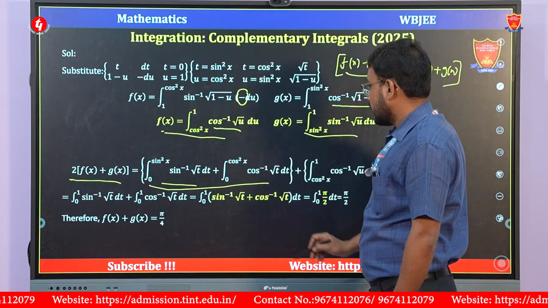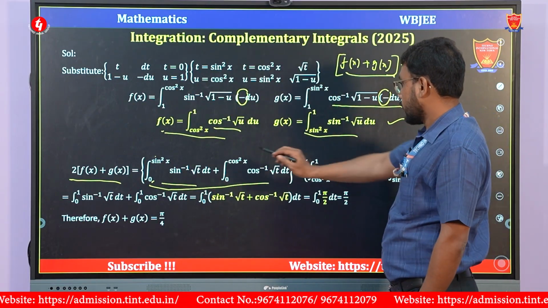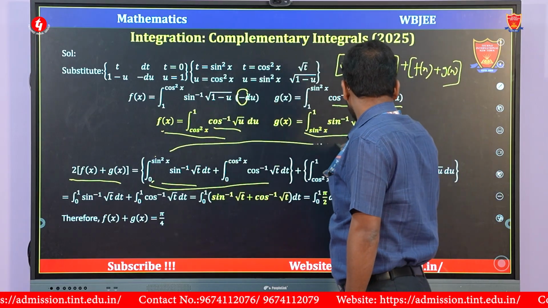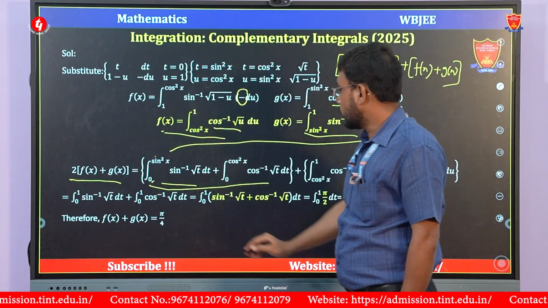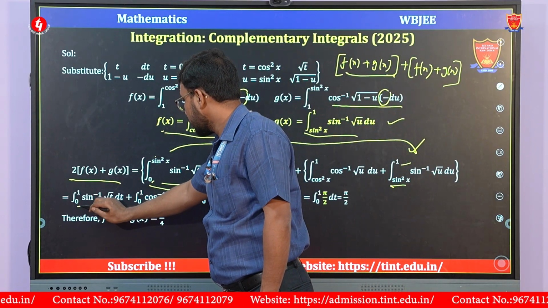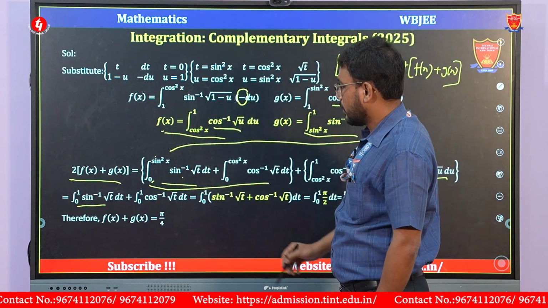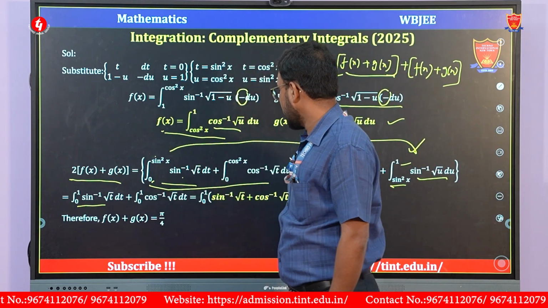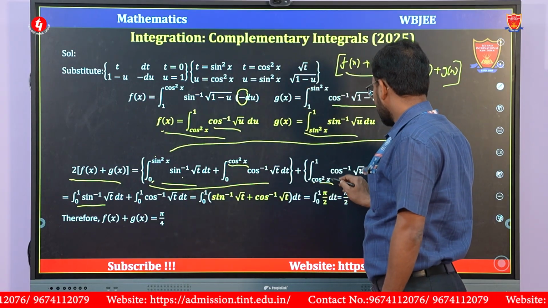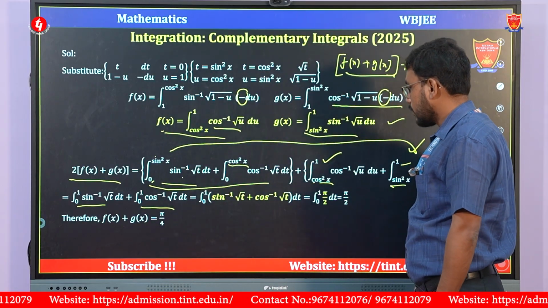Now, simplify. So, from 0 to sin square x and sin square x to 1, these two add. So, 0 to 1 of sin inverse root t dt, both are the same function, right, plus 0 to cos square x through 1, so that is why 0 to 1 of cos inverse root t dt, right.